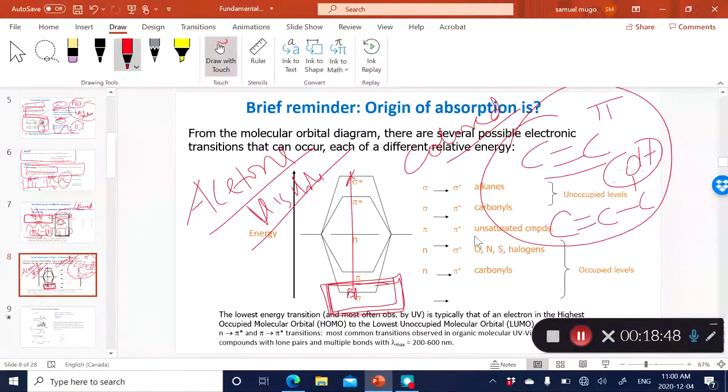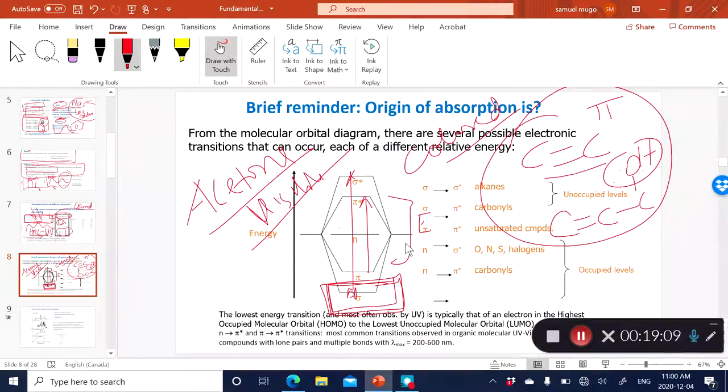For example, if I've got a compound like this, carbon-carbon double bond, it means there are electrons in the pi orbital, and so I can excite those electrons easily to the pi star or pi antibonding orbital, because the energy gap is not very, very large, and so they are favored.